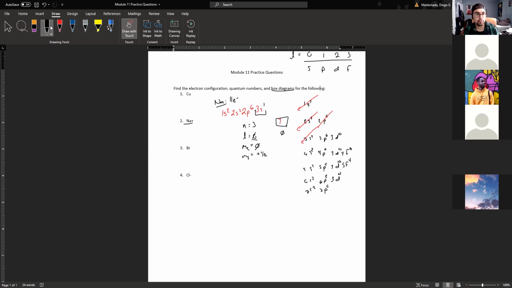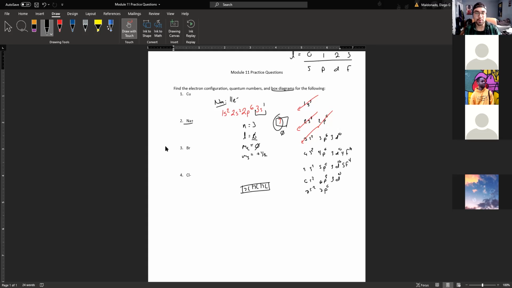The way we fill our orbital box diagrams is we do up electrons, positive spin, going up, and negative spin going down. Whatever the last electron you placed is, the orientation of it will determine your spin. So since we only have one and it's upward, it's positive 1/2.